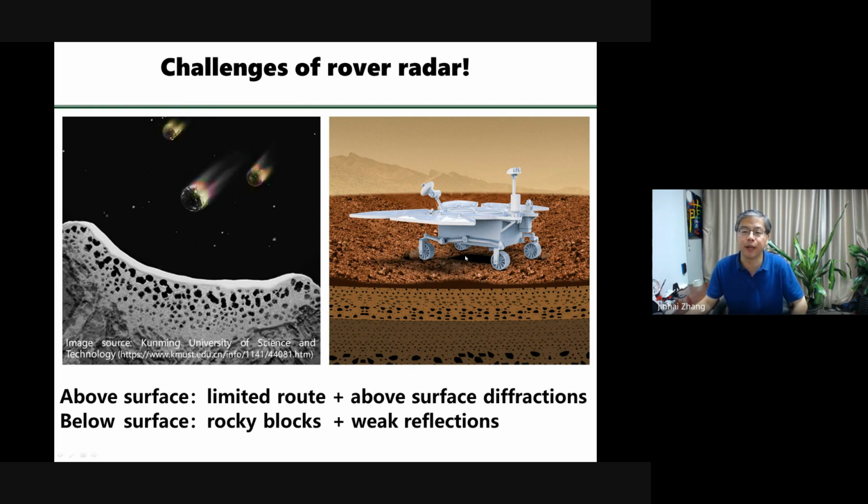Our main aim is to detect the subsurface structure. However, the above-surface reflection will dominate the energy of the profile. That means usually the dominant energy is from the above-surface objects. So we have to develop some new methods to deal with such cases.